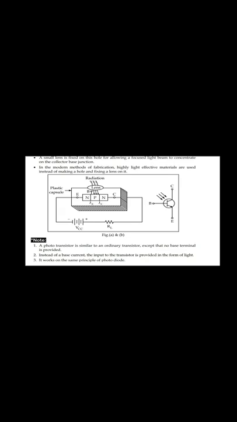When light falls on the collector base junction of the phototransistor, there is a transfer of energy from the incident light, which has photons, to the atoms in the junction. This will produce thermally generated electron hole pairs, which cross the junction.